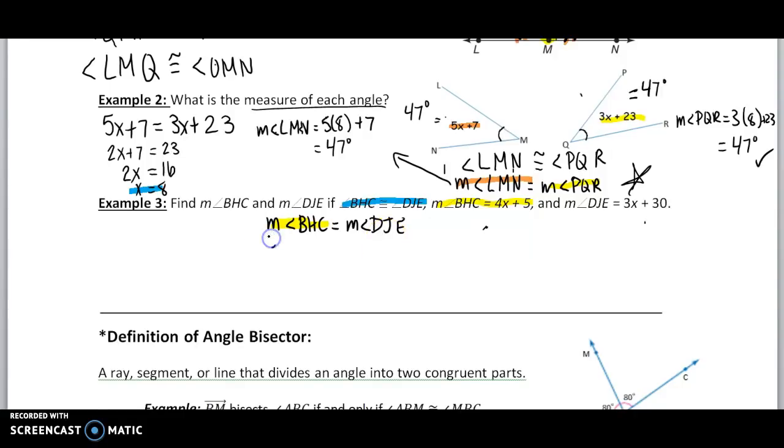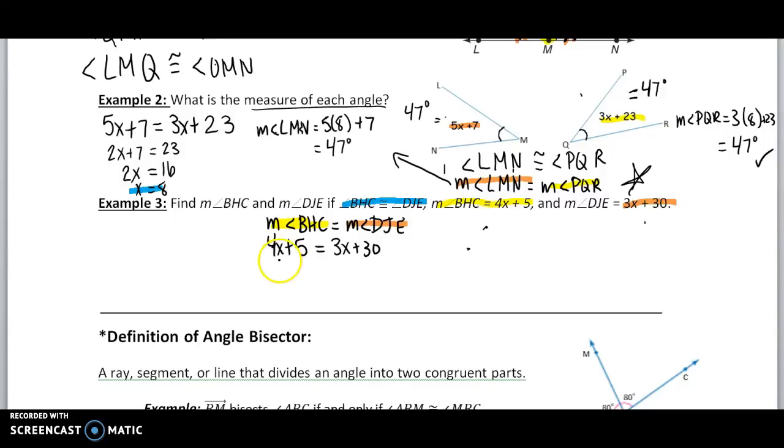So 4x plus 5. And then the right side is the measure of angle DJE, and I know that is this one right here, 3x plus 30. Using algebra, again, I want x's on the same side of the equation.